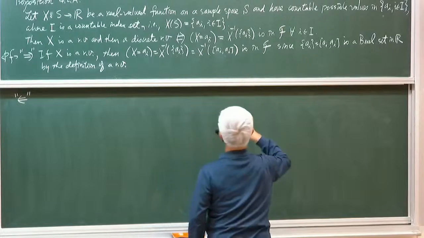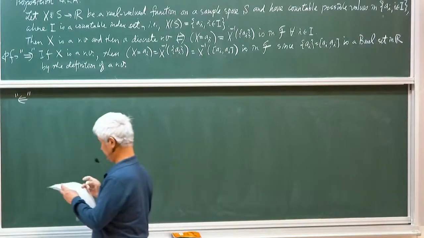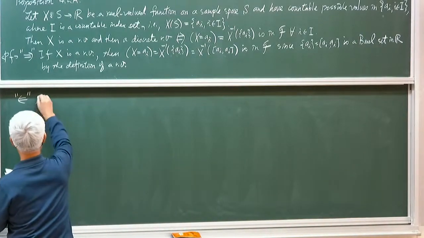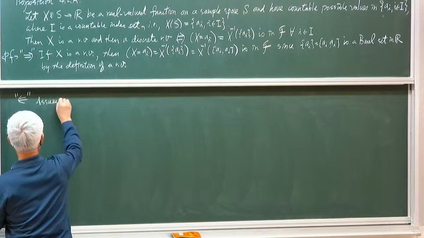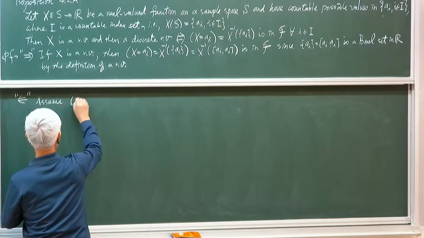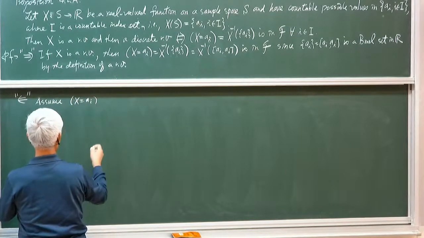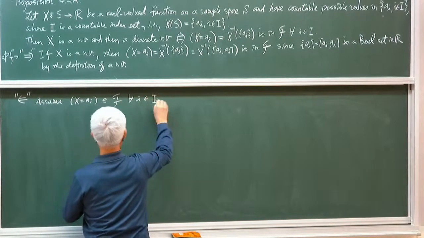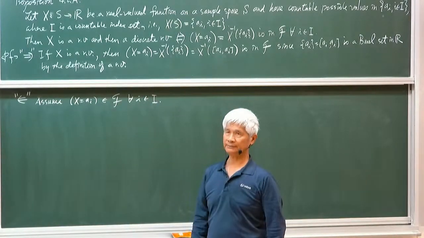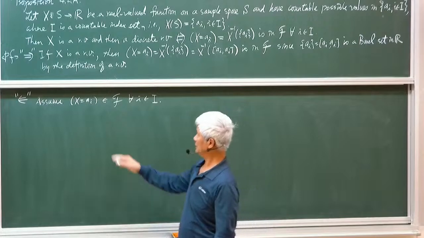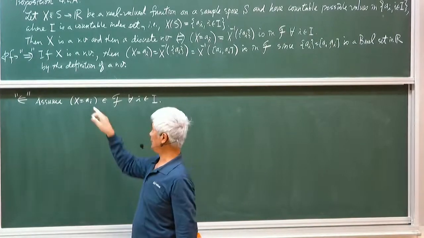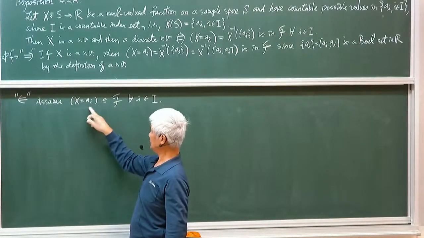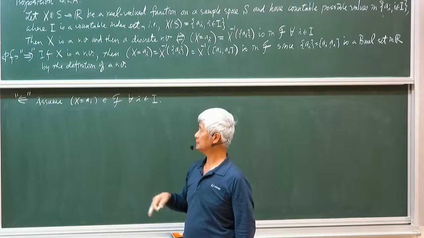Here we assume that X equal to a_i is in F for all i. This is our assumption. So suppose we know that this event, this is an event of interest in F.